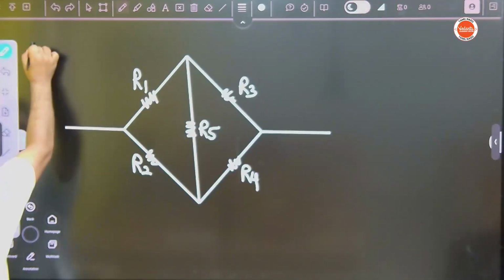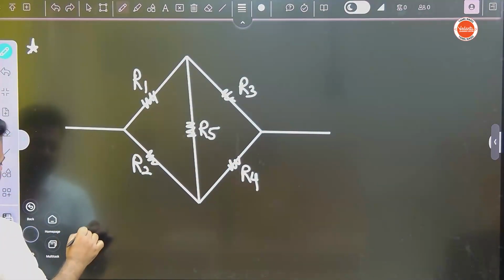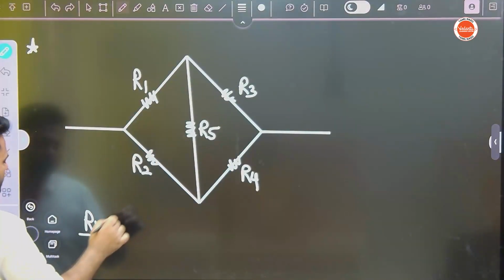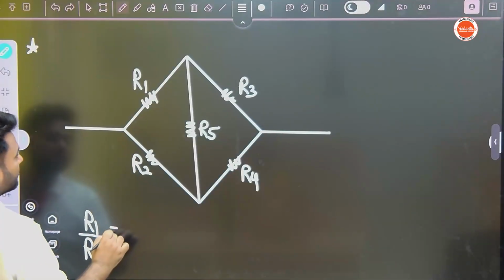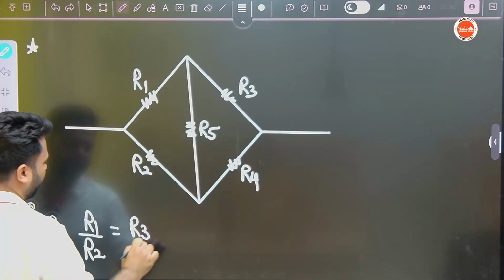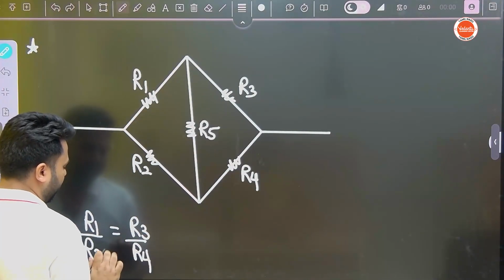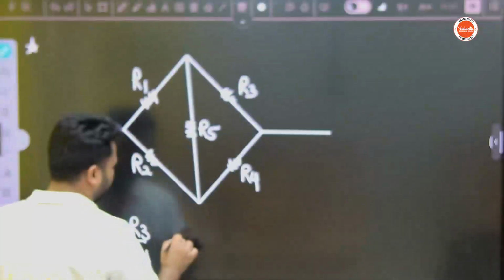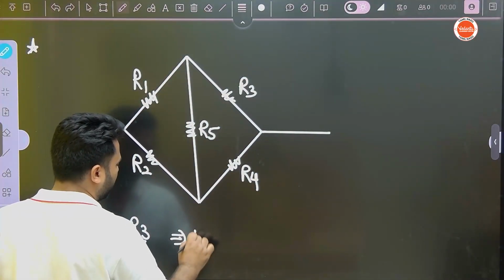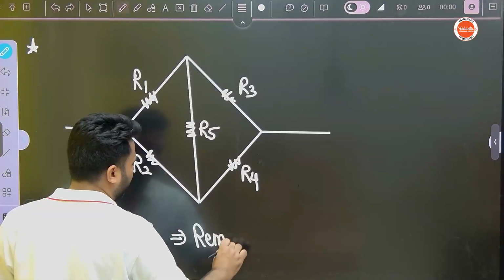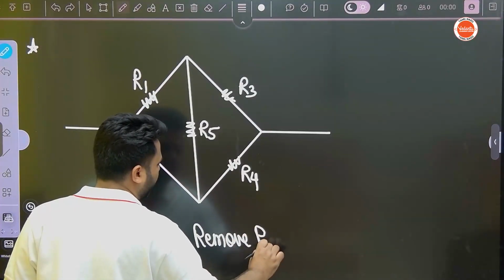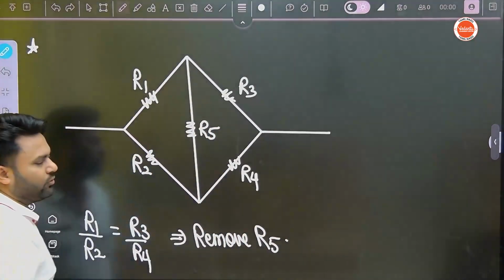If R1 by R2 equals R3 by R4, then if this condition is happening, remove R5. No use of R5. No current flows through R5.